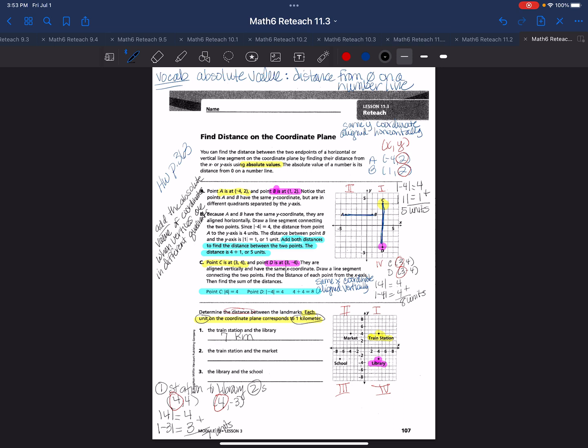Okay, now we have question 2. We have the train station to the market. So the train station, again, is 4, 4 as the coordinates, and the market is -4, 4, because the market is in the second quadrant here.